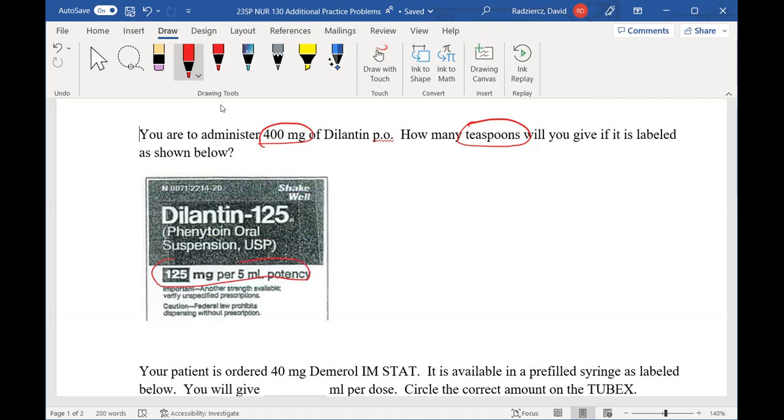It says 125 per 5. Someone's asking about these. What I'm showing you right now is already available to you. You just go to the shared OneDrive folder and you can see what I do.